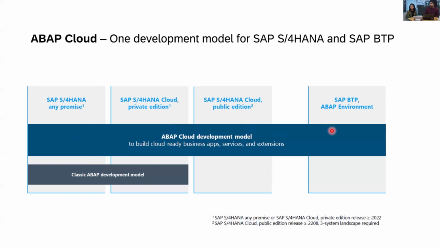So RAP is the single development model which you can use for your application development. You can still use the classic ABAP development model in S/4HANA on-premise and S/4HANA private cloud, but RAP is a single solution which you can use even in the public cloud ABAP environment, across platforms.